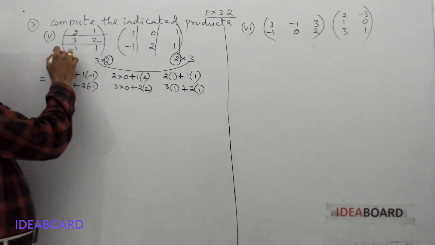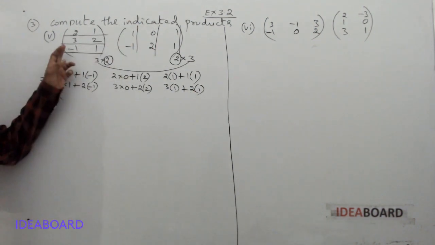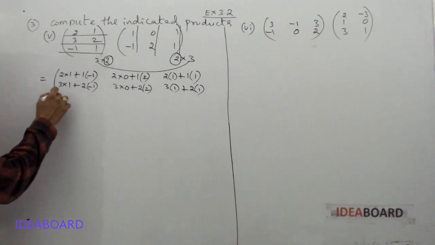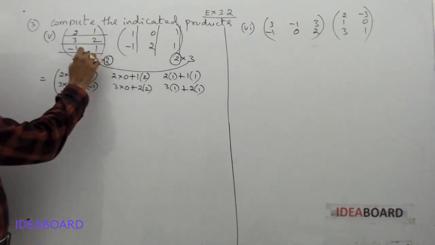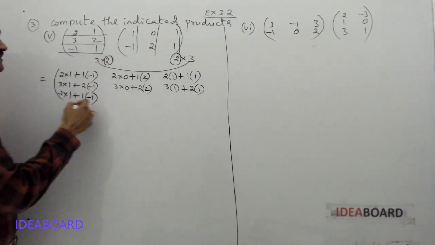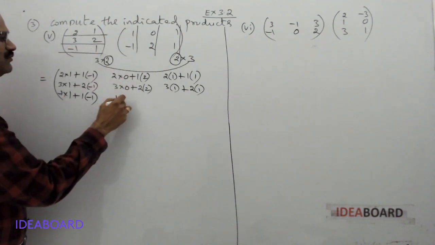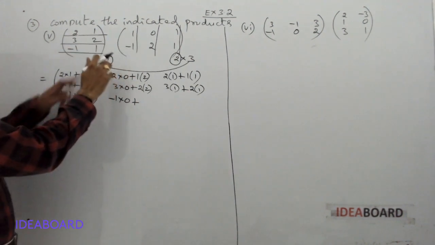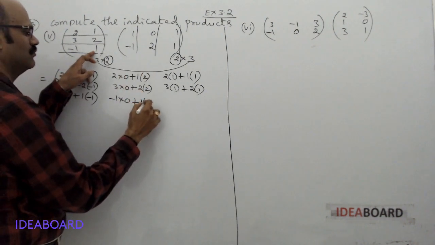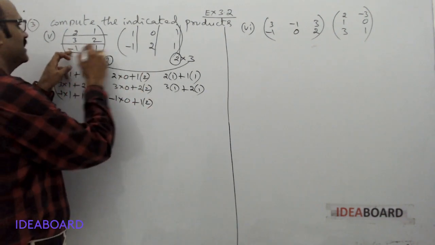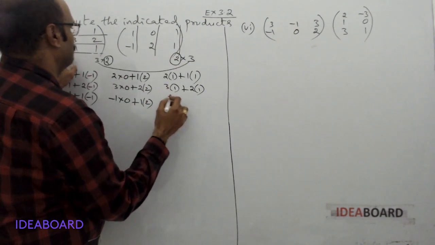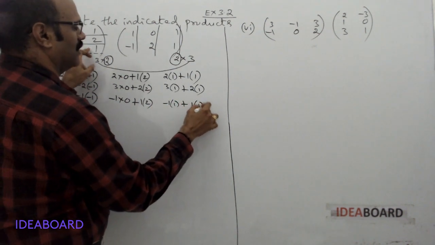Next, R3 with the first column: minus 1 into 1 plus 1 into minus 1, minus 1 into 0 plus 1 into 2, minus 1 into 1 plus 1 into 1.